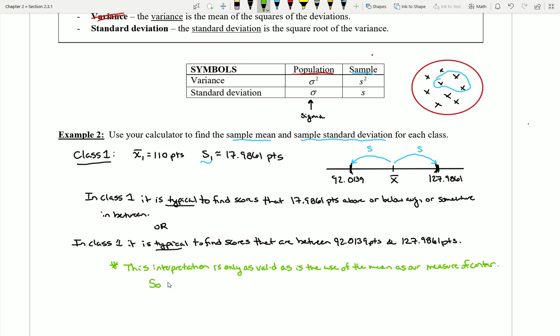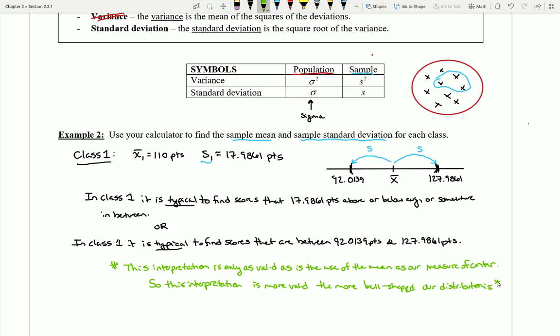And so I'll state here, this interpretation is more valid the more bell-shaped our distribution is.